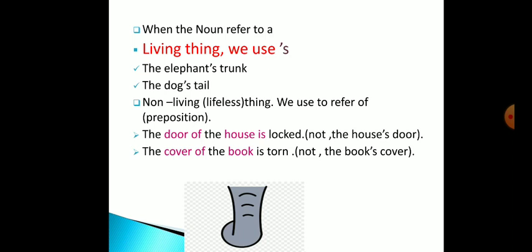Remember children, in living things we are using apostrophe s, but when we are talking about non-living things we are not using apostrophe s in these sentences. Instead of apostrophe s we are using of, the preposition word, in the sentences.